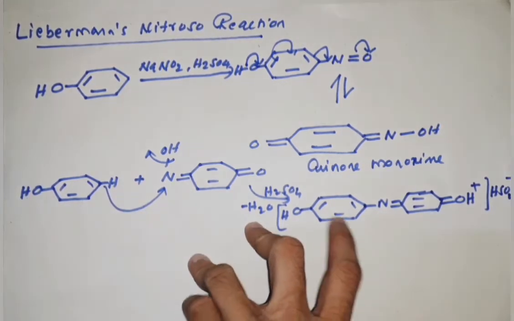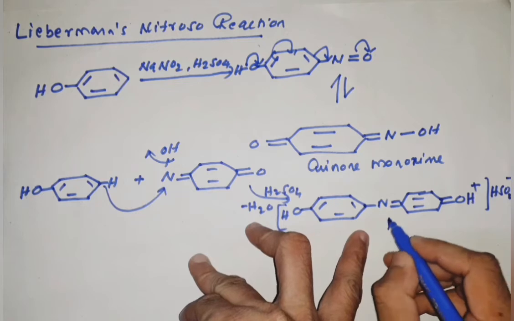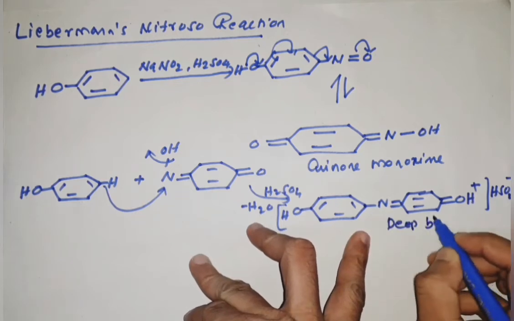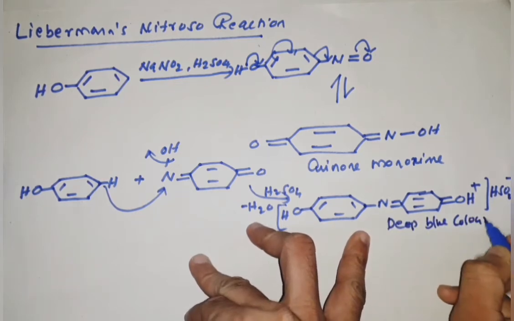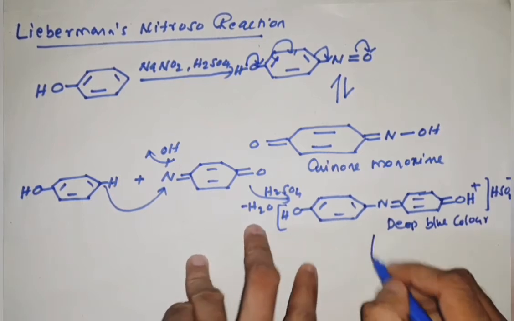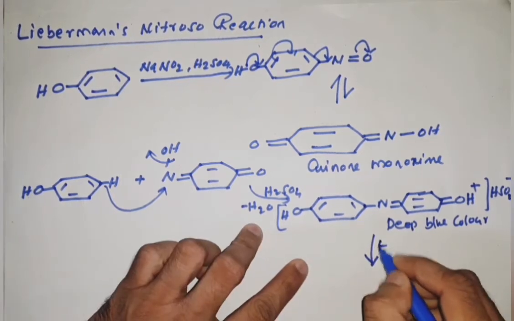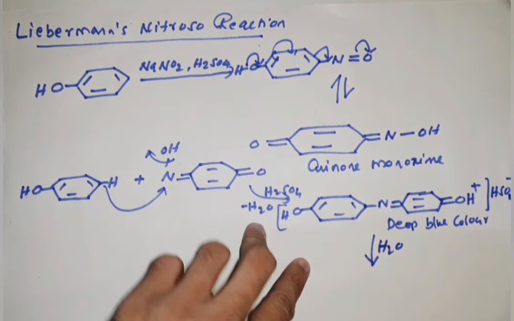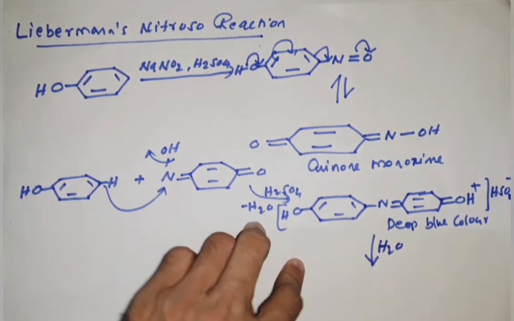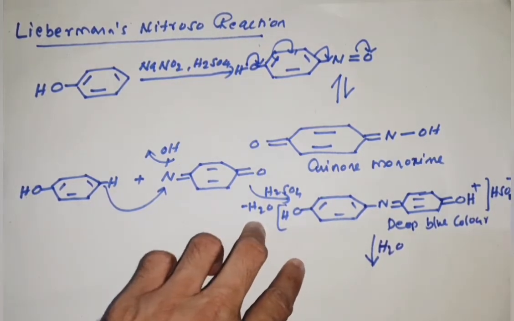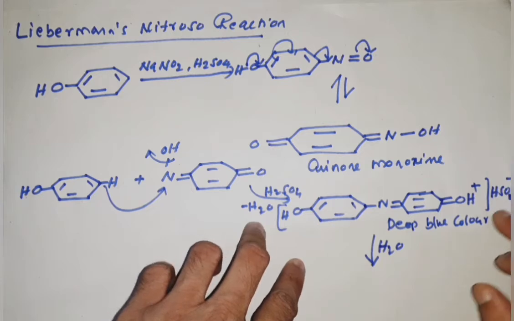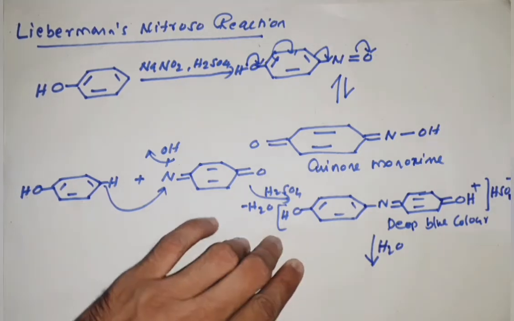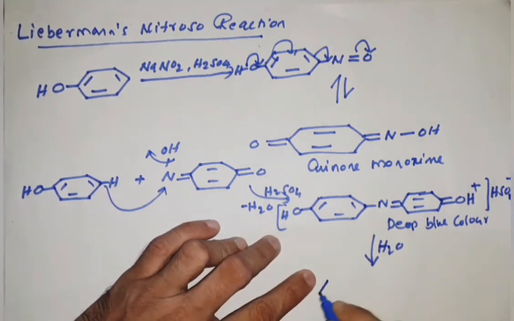This is deep blue color. Then excess dilution with water. Dilution with water reduces the concentration of H2SO4. Then it turns to red color.